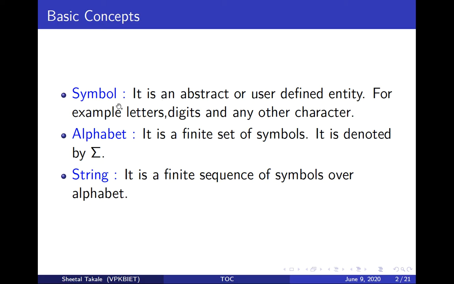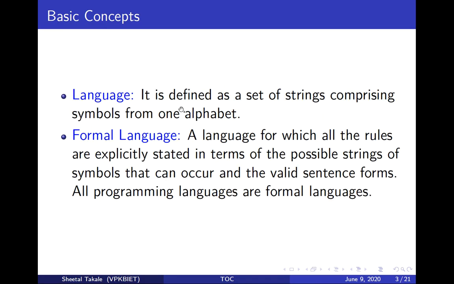So if we consider the symbols as 0 and 1, and the alphabet has the two symbols 0 and 1, and if we say that a string is any combination of zeros and ones, and then if we say the language of all these strings having an even number of zeros.